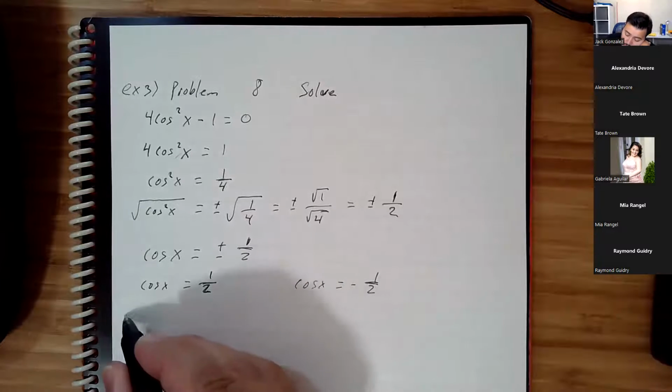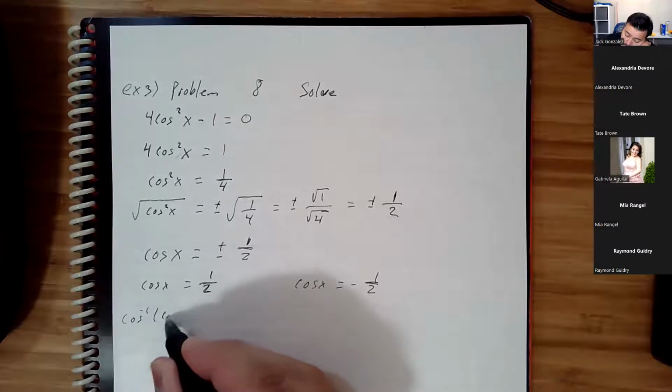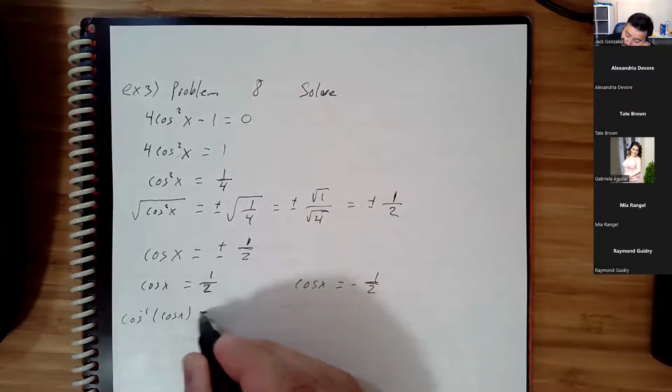Okay, so cosine inverse of both sides for both of them.